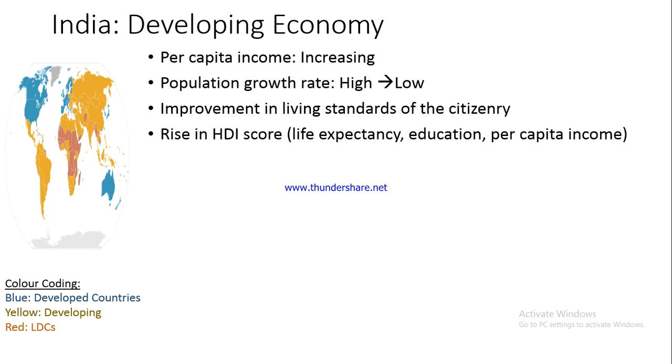Life expectancy is how many years a normal individual can expect to live. As the health services improve, the life expectancy goes on increasing. So in India, the life expectancy has increased gradually over the years.